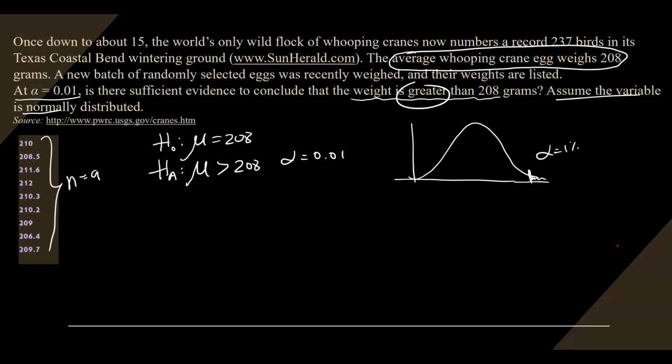But from these values, I can figure out my observed mean from these eggs, and I can also get the standard deviation of the sample. Note that I round to 2 places after the decimal because we always do one additional place. Since my data had 1 place after the decimal, my mean and standard deviation are now going to have 2 places after the decimal.